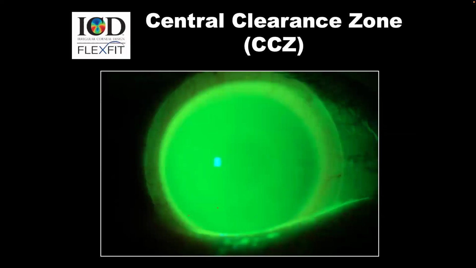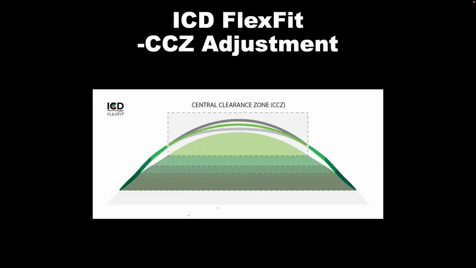The central zone is managed by a base curve, and you can change that base curve, and by doing so it will raise or decrease the central clearance, and it won't affect the other zones. So this is done just on the optic zone, or the central clearance zone.